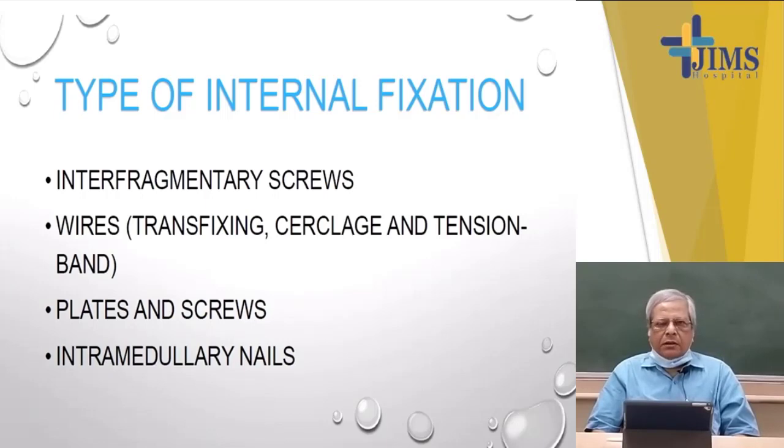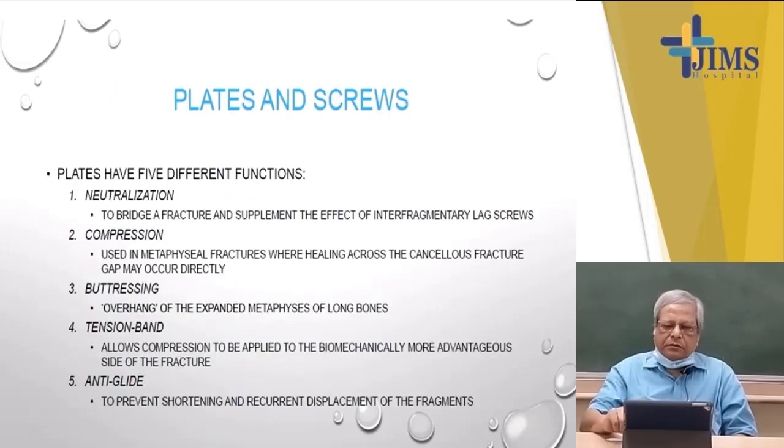And tension band wiring, I'll come to this later on, this is the most popular technique for fracture patella and fracture olecranon. Others are plates and screws and intramedullary nails.